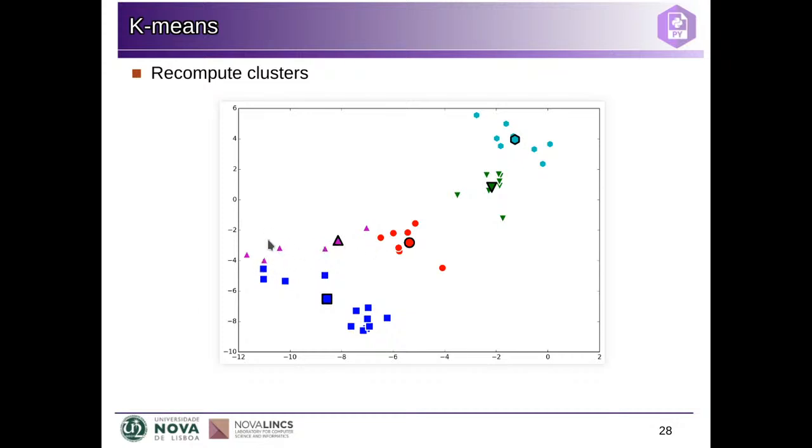As the points change their belonging from one cluster to the other, the centroids move again, and we keep doing this until we reach convergence. So at some point no one is changing from one cluster to the other, the centroids don't change position, and now we have reached convergence and we have the result.